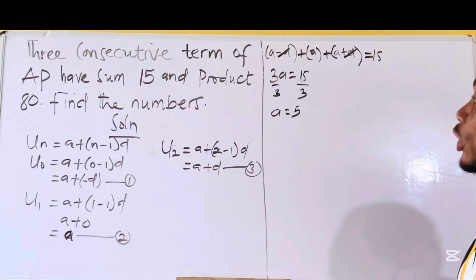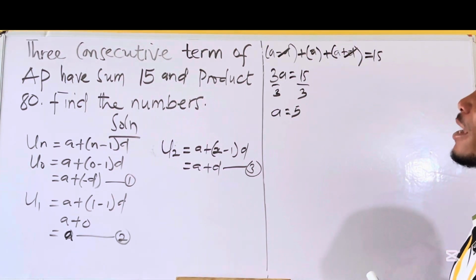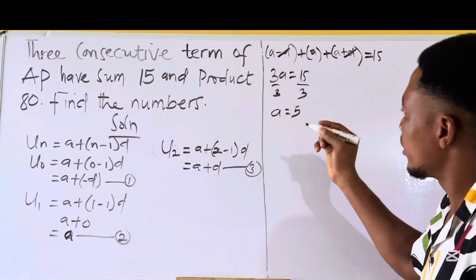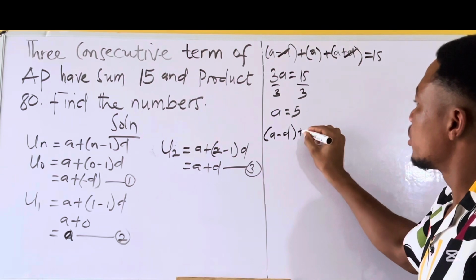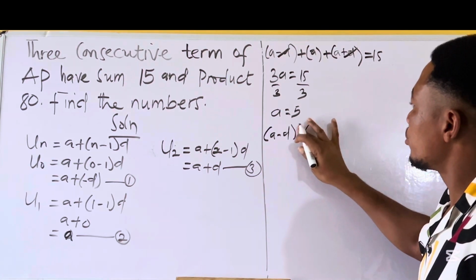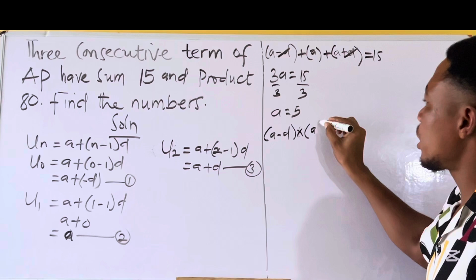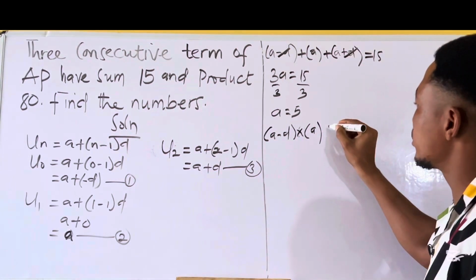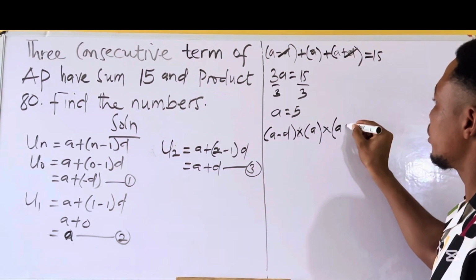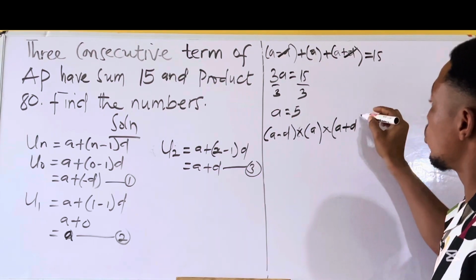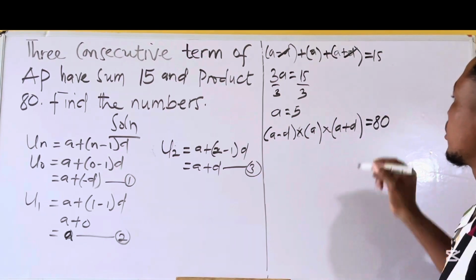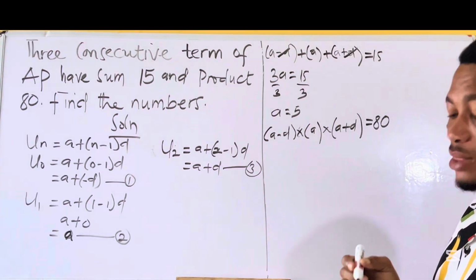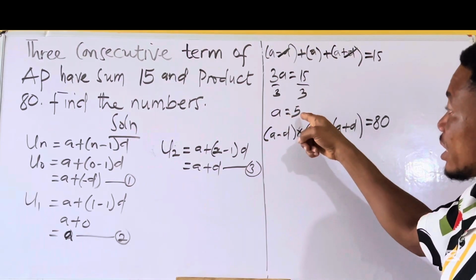Now let's move on. They said the product of these same 3 terms is 80. So it means that we have a minus d multiplied by a, and we are talking about the product, so we are multiplying, don't forget, by a plus d, giving us 80. Now let's remember that the a we have here is 5.